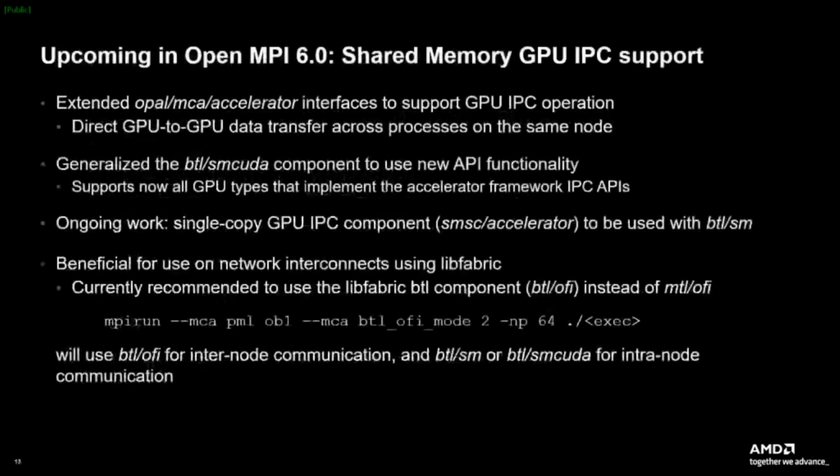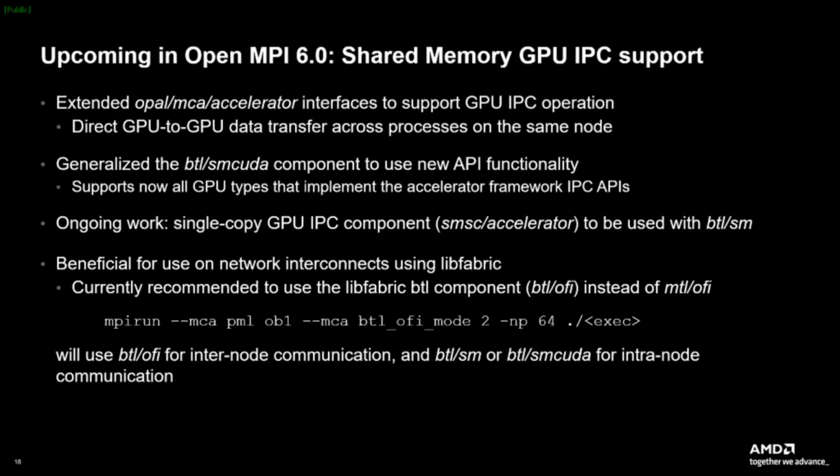And if we look at some of the things that are coming up in the next Open MPI release, we recently added support for IPC functionality, GPU IPC functionality, in the Accelerator framework, right? So Open MPI is currently implementing that functionality for CUDA devices and for ROCm devices.